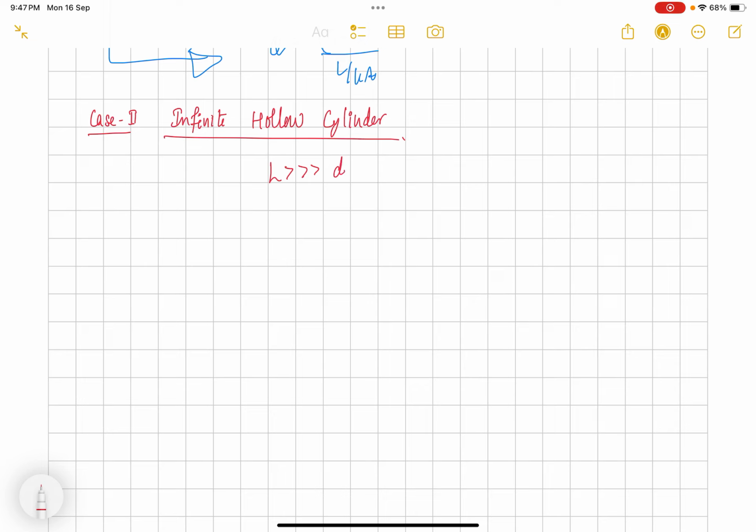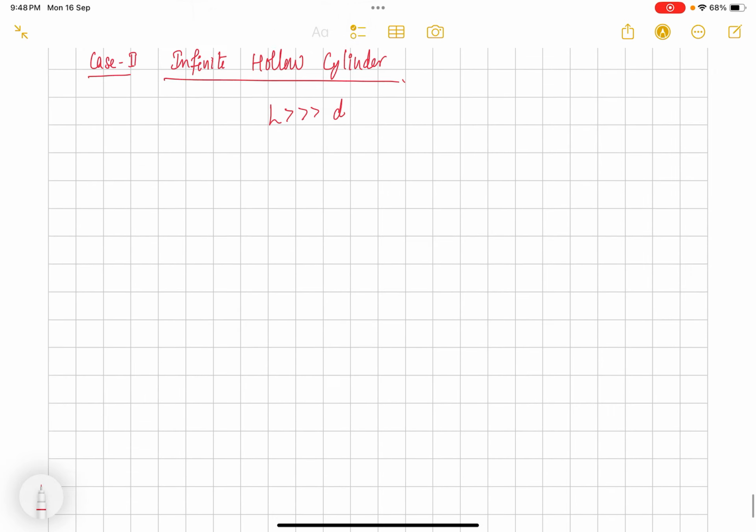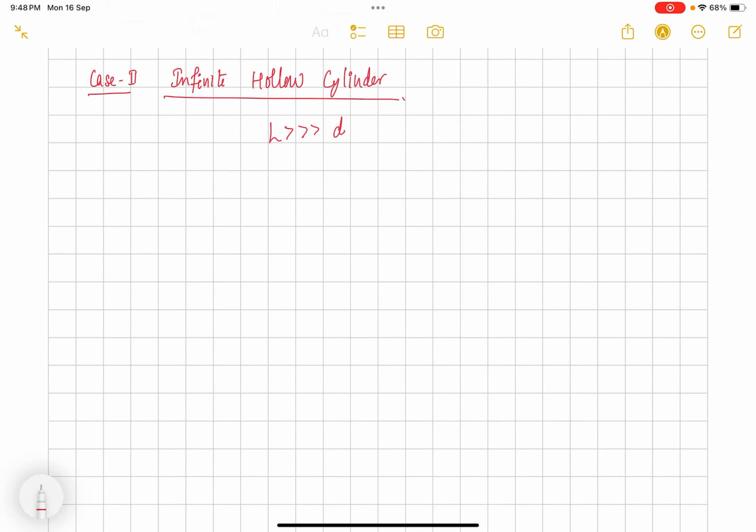Some fluid is flowing through it from the inside such that its inner wall temperature is maintained at T1, and it is kept in some ambient, because of which its outer surface temperature is maintained at T2. We have to find the temperature distribution inside the solid material.